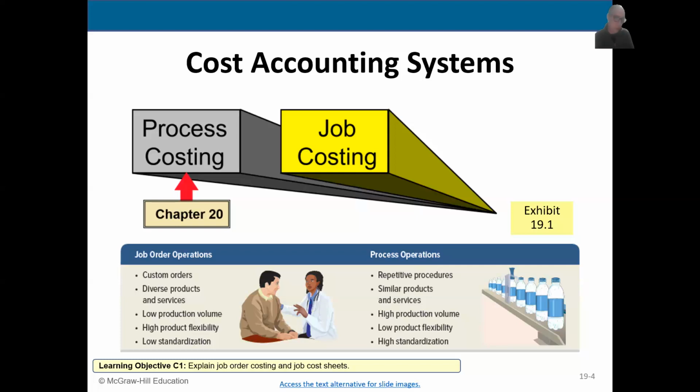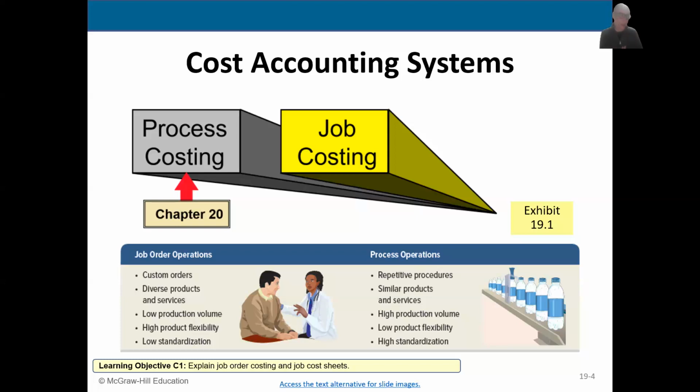Next week, we're going to learn about what we call process costing. Process costing, as I had mentioned earlier, is where we continuously make the same product over and over again, regardless of the customer's order. The example I like to give is a bottle of water.